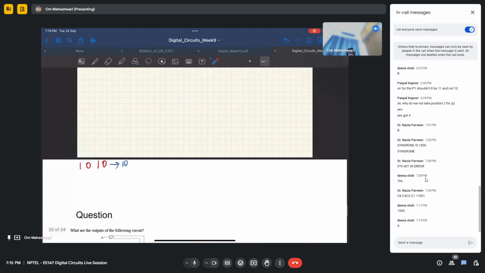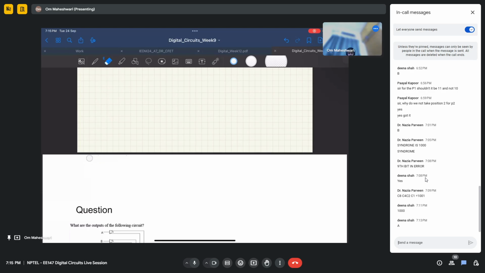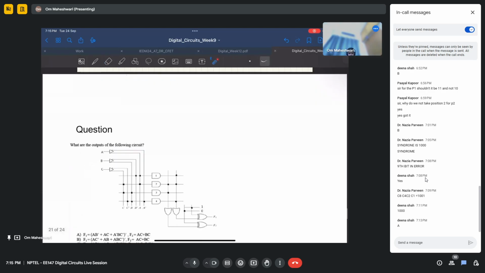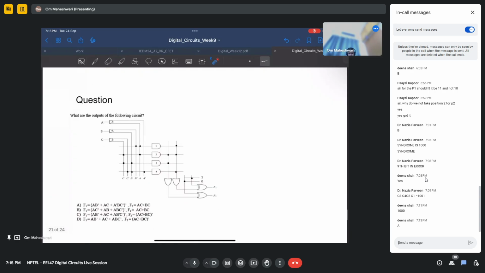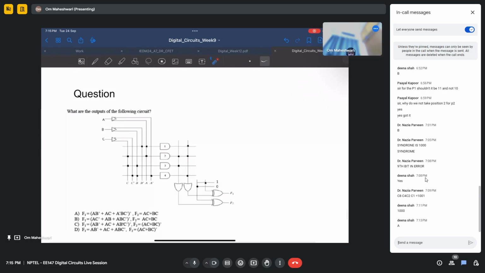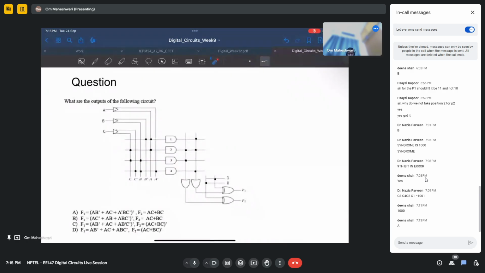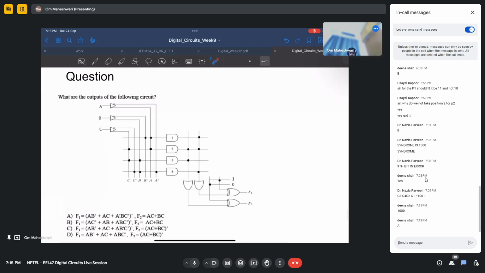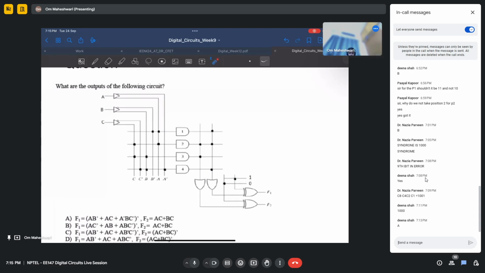Okay, so these are all the questions for parity. Now I have some questions on PLA. So what is this circuit?